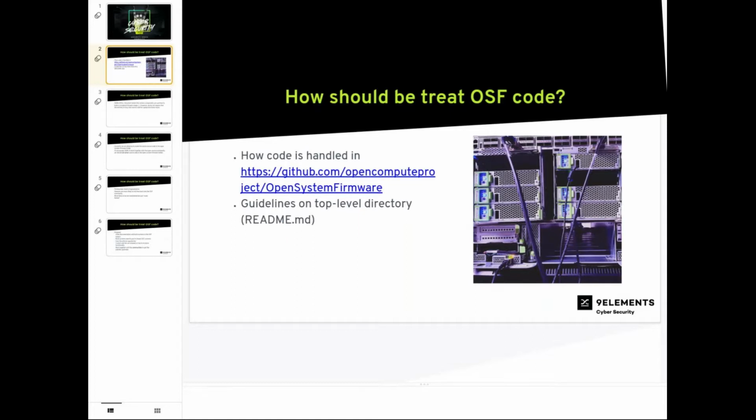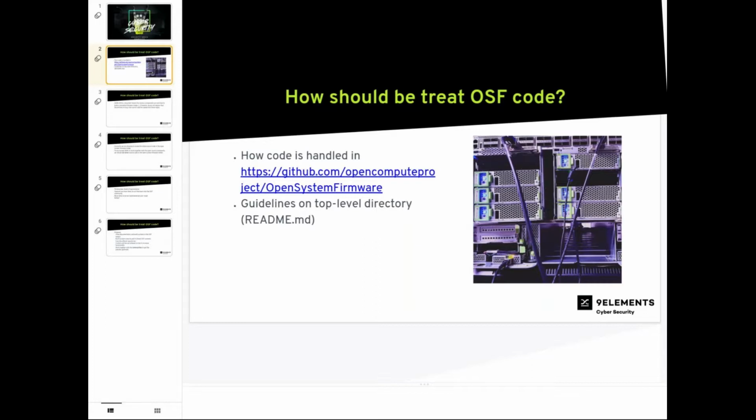So as I said, it's about how we handle the code that's in the OCP open system firmware repository, which is basically a wrapper repository for everything that passes the OCP OSF checklist, and you can put your code and your documentation and build system and whatsoever in there. So everything that is needed for building your firmware code.